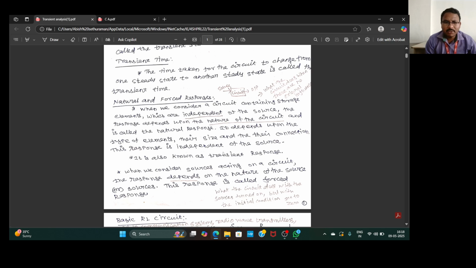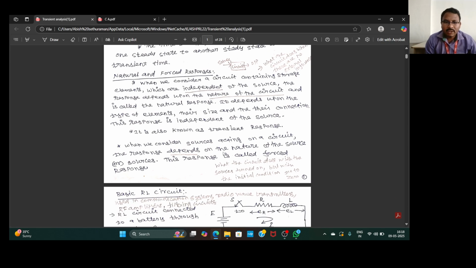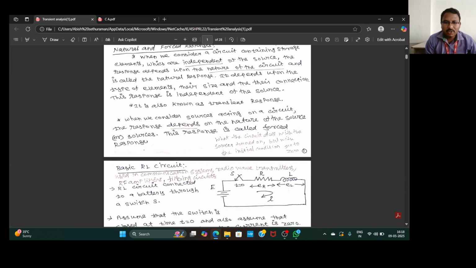This response is independent of the source, so it is also known as transient response. Forced response: when we consider sources acting on a circuit, the response depends on the nature of the source or sources. This response is called forced response.